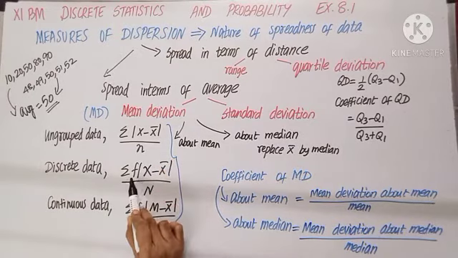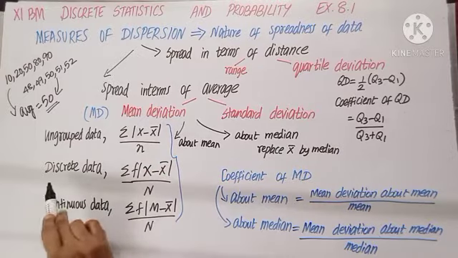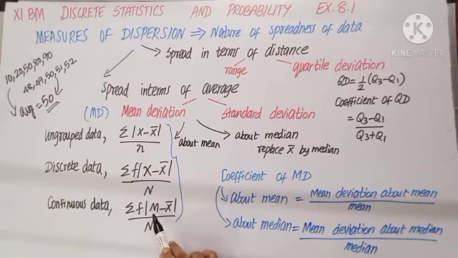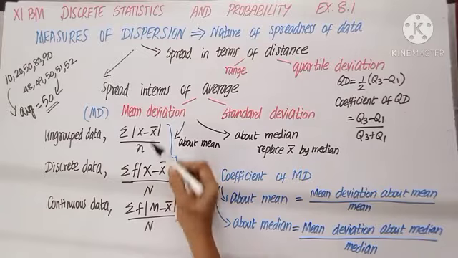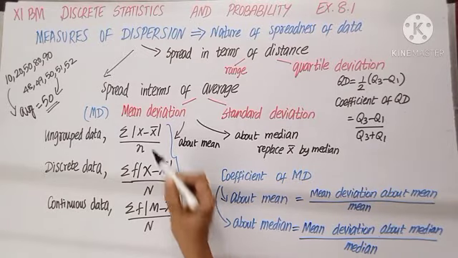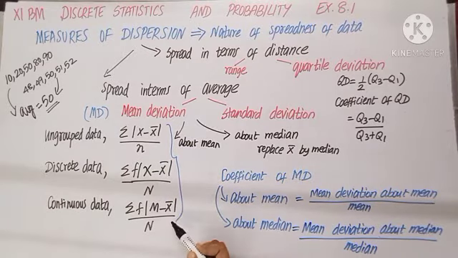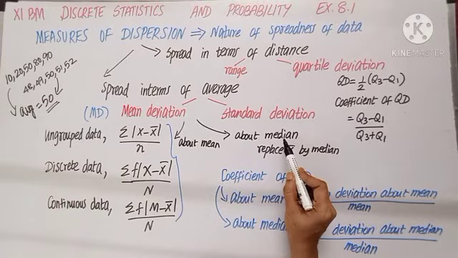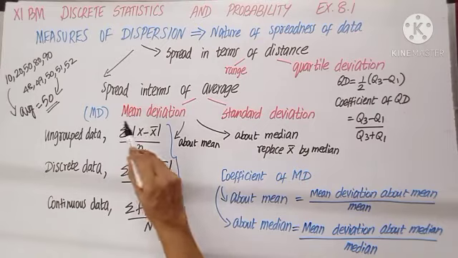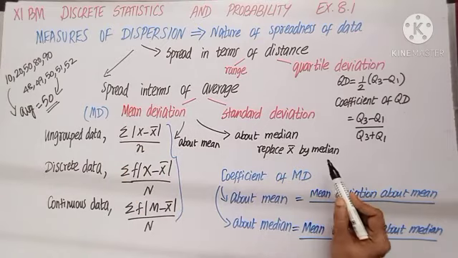If I include f for discrete data, I just change x to the middle of the class interval if it is continuous data, as we had discussed when calculating quartiles. Instead of x bar, which is the mean, if I replace it with the median, I call it mean deviation about median.